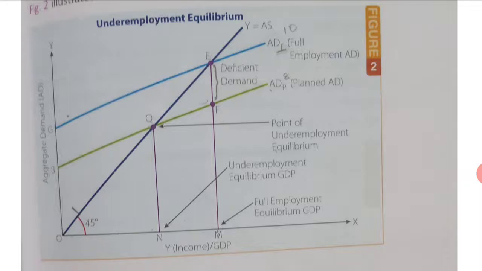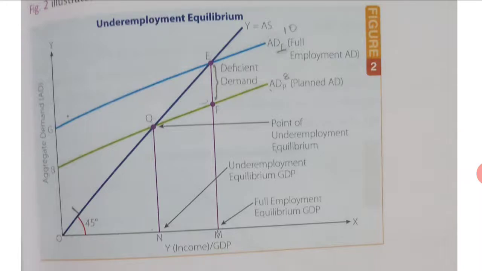When there is deficient demand, the equilibrium reduces. Because of this, what will happen? That we are going to see. In the previous diagram, there is not much difference between that diagram and this diagram. It is the same diagram, but here you are marking the underemployment equilibrium extra. There you marked only the deficient demand.